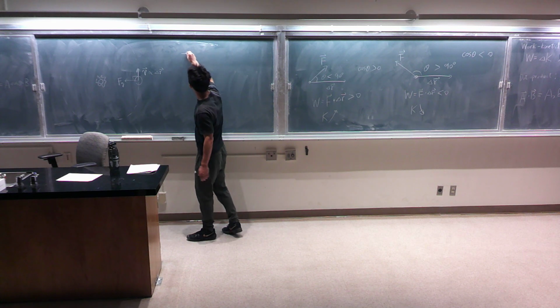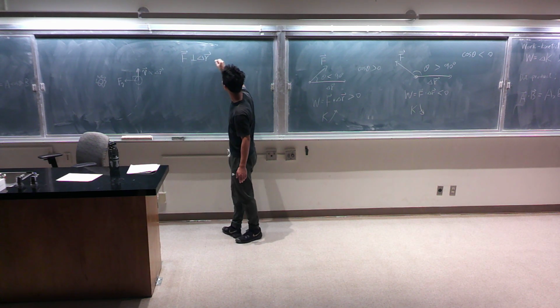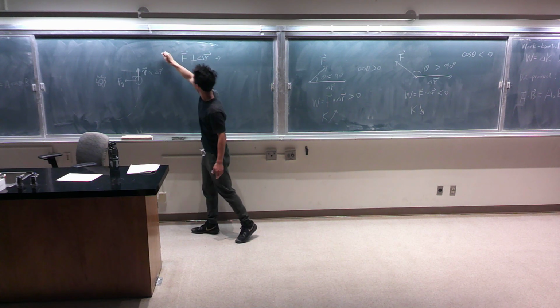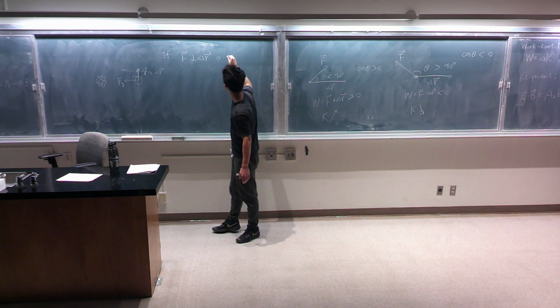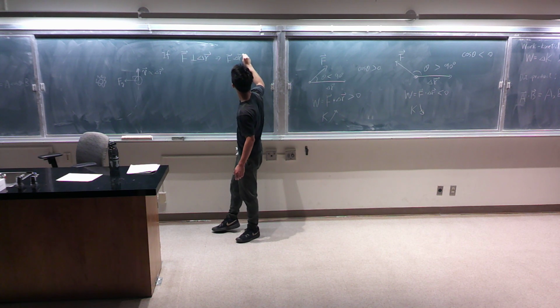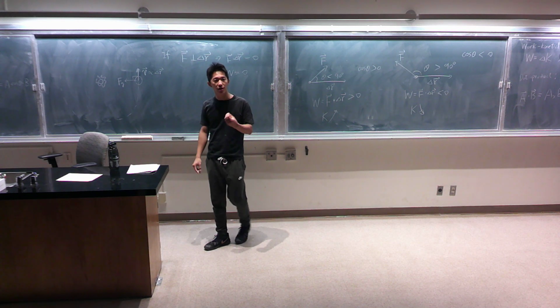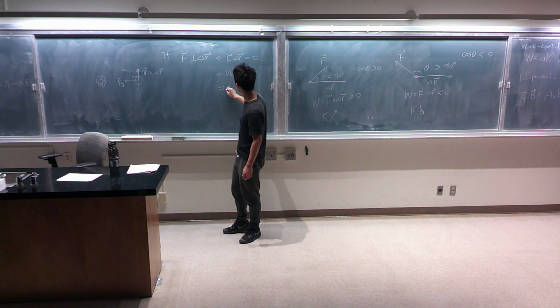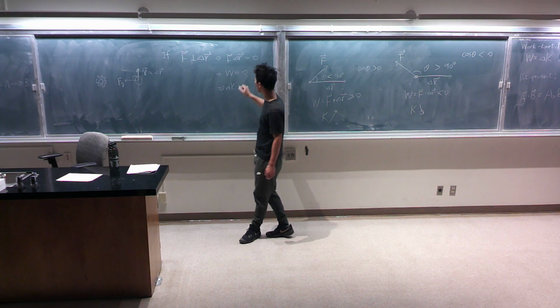When force is perpendicular to the displacement, the dot product between them will be 0. So gravity will do 0 work, and the change of kinetic energy will be 0.